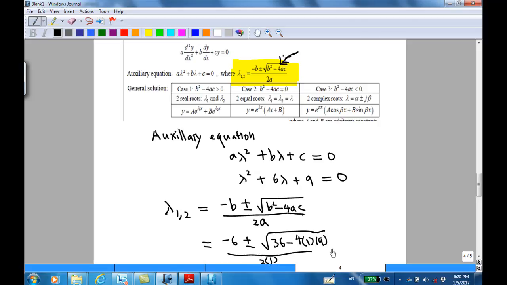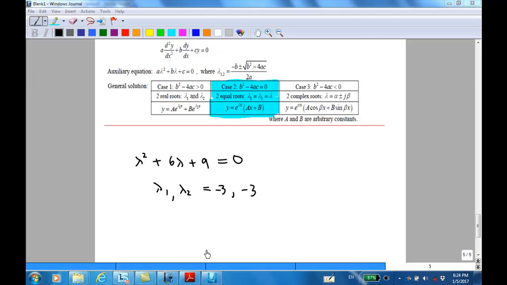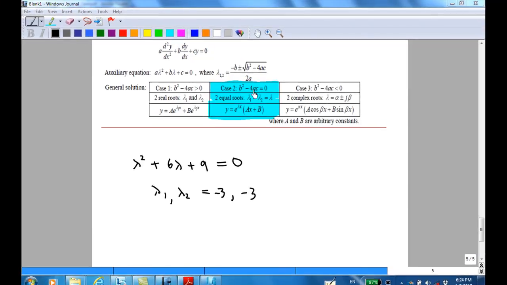Press the calculator, you get two numbers, minus 3 and minus 3, because 36 minus 36 is 0. Since b² - 4ac is equal to 0 and λ1 and λ2 both equal to -3, this is case 2.